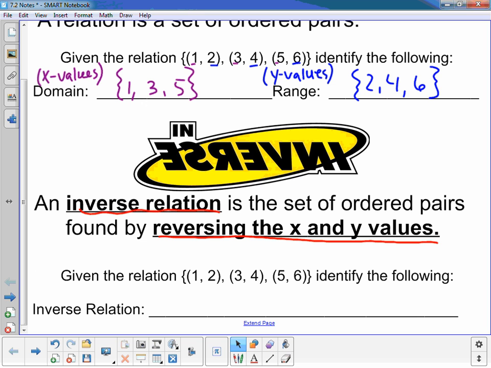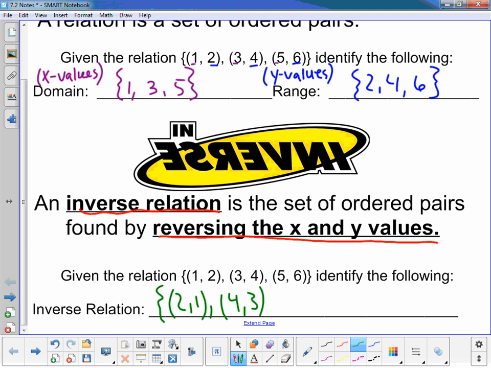So if I look at the relation that was given to us at the beginning, finding the inverse of it really just means that I'm switching the x and the y. So the first point, (1, 2), is now going to be (2, 1). The second point is now going to be (4, 3). And the third point is now going to be (6, 5). That's our inverse relation. So we've got the relation that was given to us, and then we've got the inverse, in which we flipped the x and the y values.